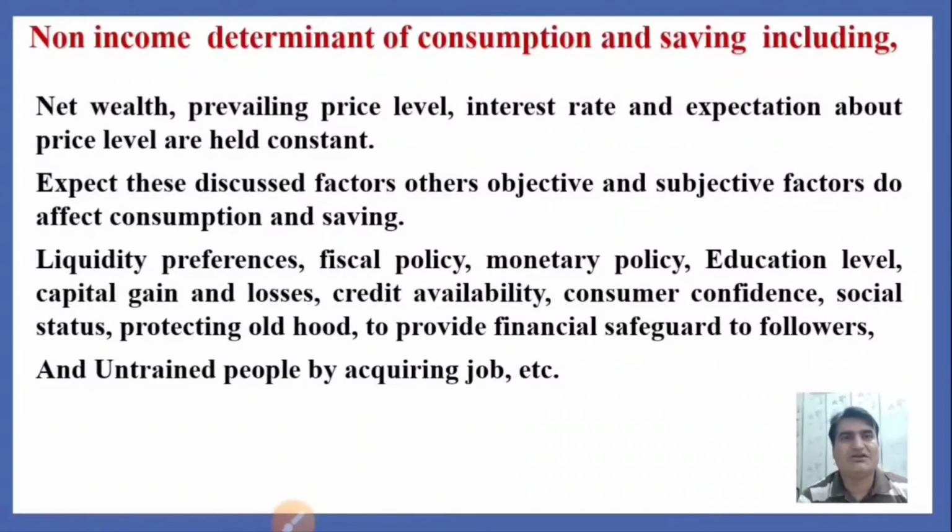Like liquidity preference. Liquidity preference means the demand for money for precautionary motive, transactions motive or speculative motive, which also affects consumption. Fiscal policy, with an increase in tax rate, decreases consumption, and monetary policy, with an increase in interest rate, also affects consumption and saving.